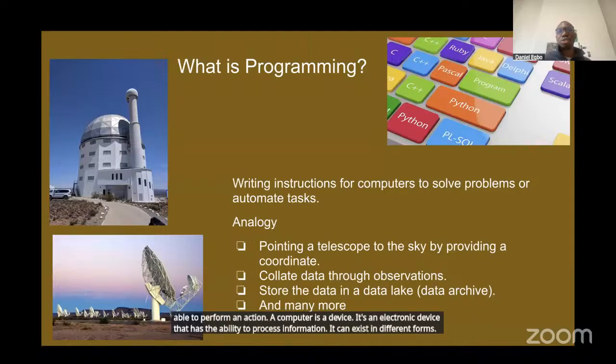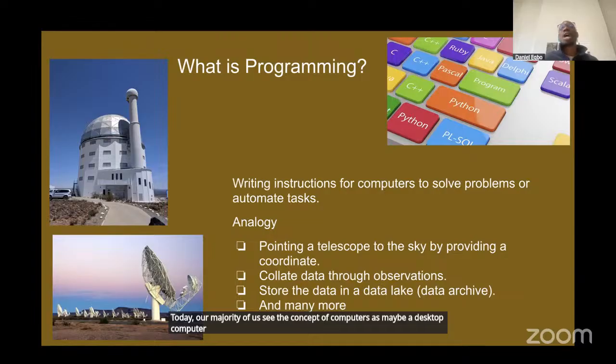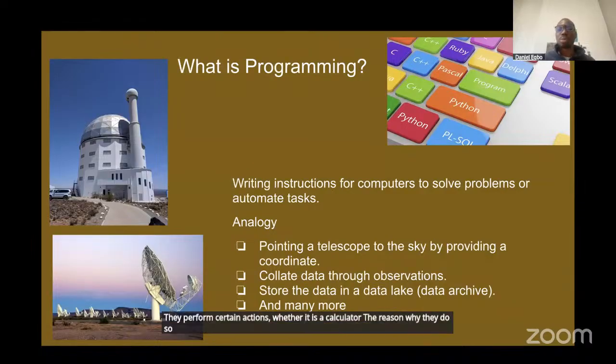Today, the majority of us see a computer as a desktop or a laptop, but our mobile devices are also computers. In all of these devices, they perform certain actions, whether it is a calculator. The reason they do so is that a program has been written, a set of instructions in a way that the computer itself can understand. So this is basically the basic layer of programming.